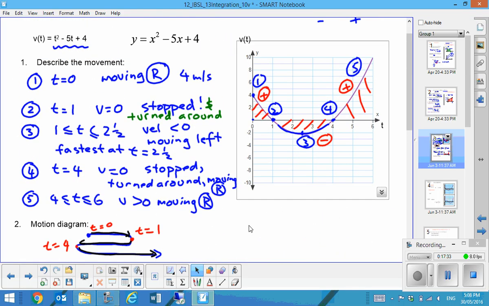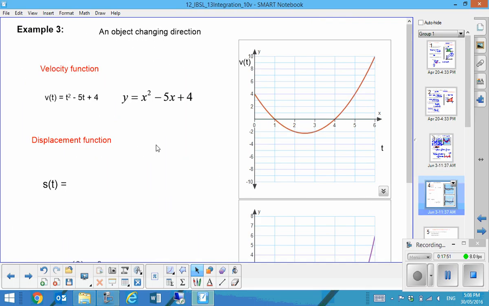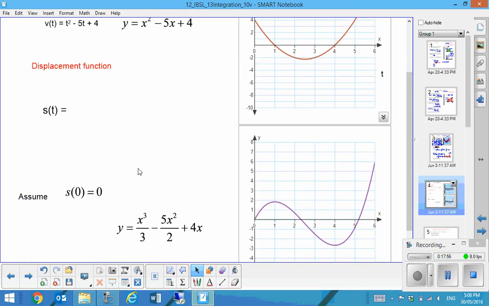If we think about it, I need to look at another graph so we can make sense from another graph. So here I've got the velocity function graphed. Okay, I then have done the displacement graph. And our displacement is going to be the integral of our velocity graph.